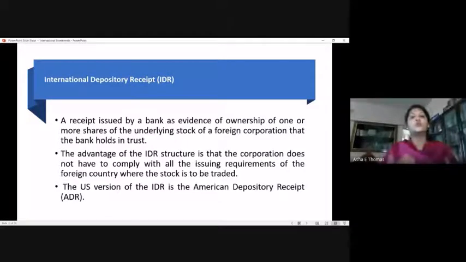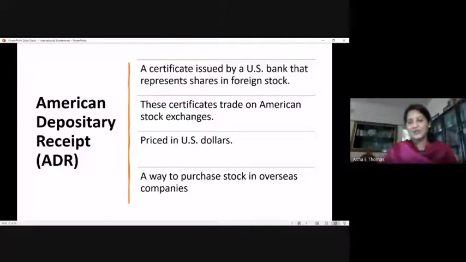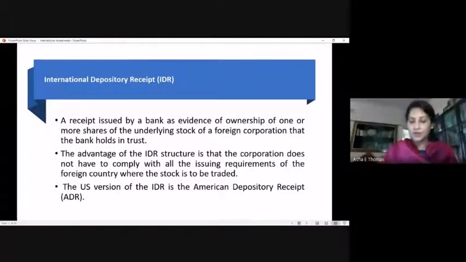So I had already explained about American Depository Receipts. An example of an International Depository Receipt is ADR. There are GDR, IDR, ADR, all of which qualify under the category of International Depository Receipt.